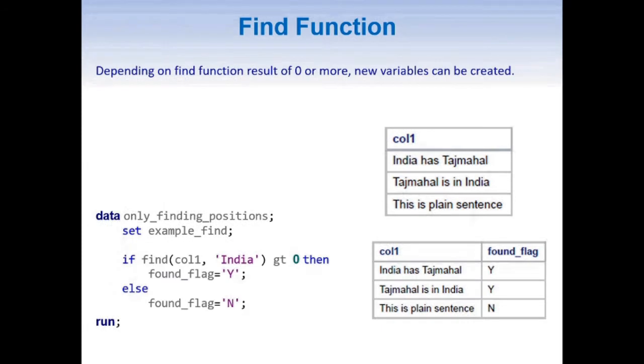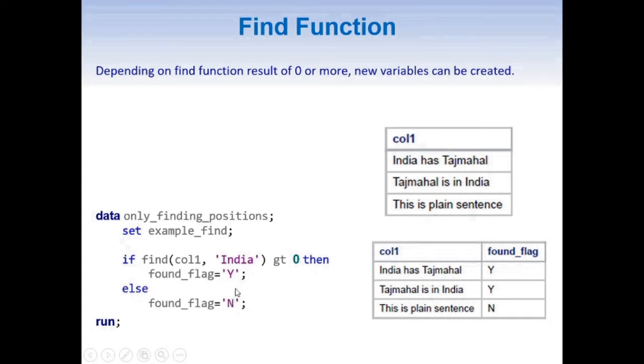Now let us quickly discuss how we can create a new column depending upon the results of the find function. We can use the find function conditionally and create a new column. For example, here I am writing: if find(call1, India) greater than 0, then foundflag equal to y, else foundflag equal to n.